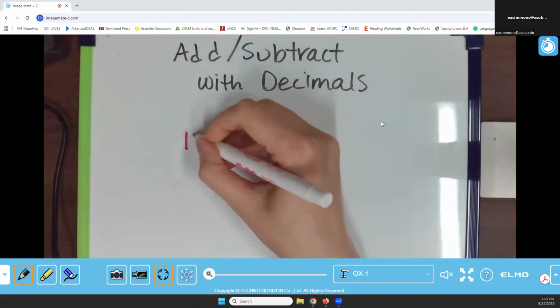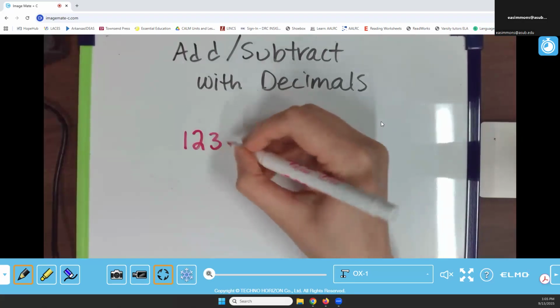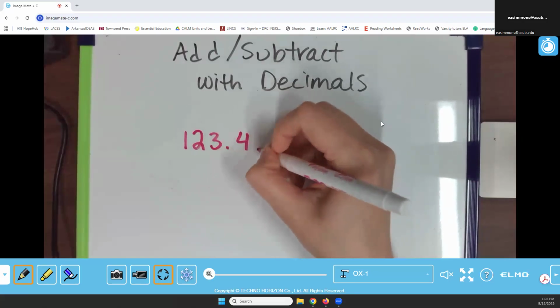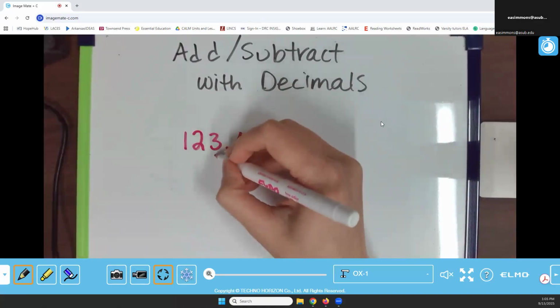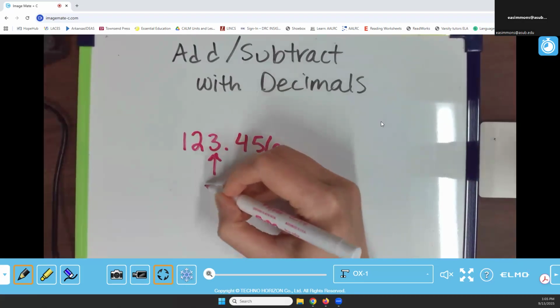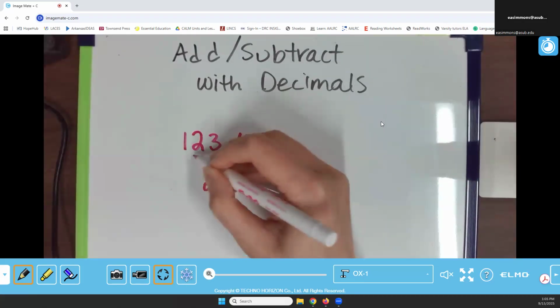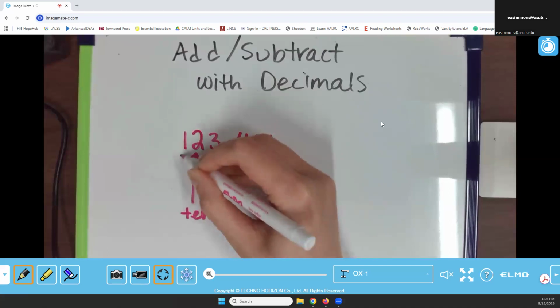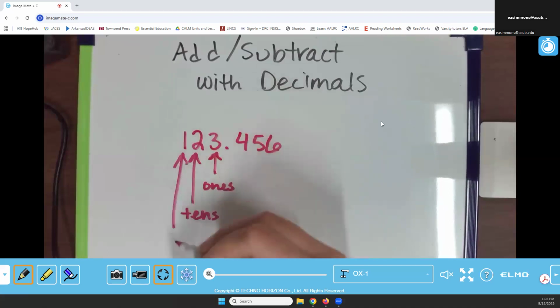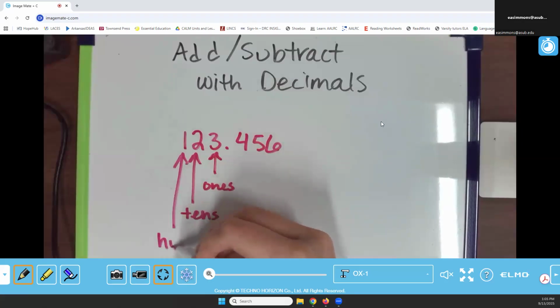and I'll just write a random number. Our place value with decimals kind of mirrors our whole numbers. So our 3 here is in our ones place. Our 2 is in our tens place. And then our 1 is in our hundreds place.